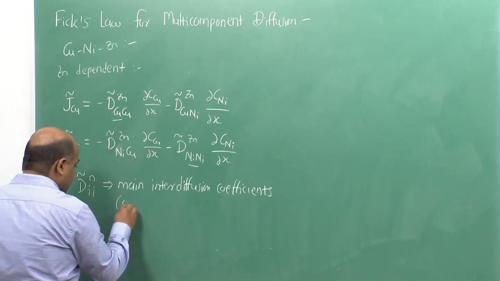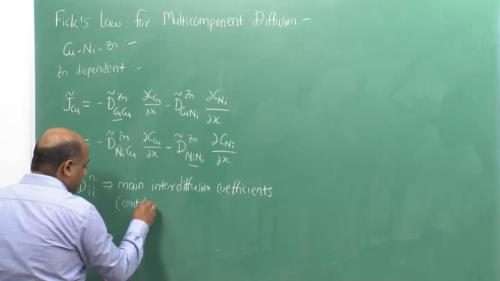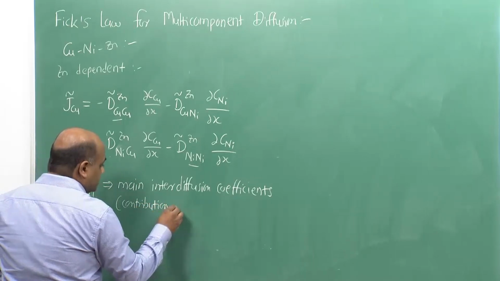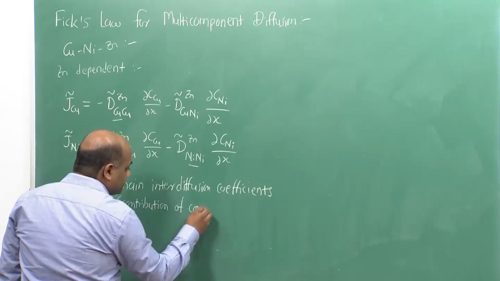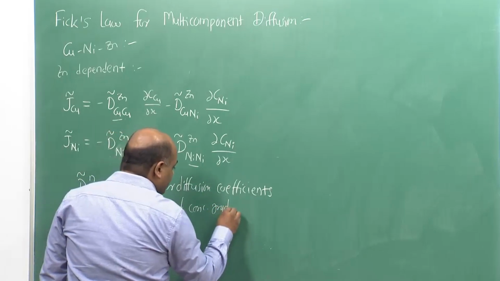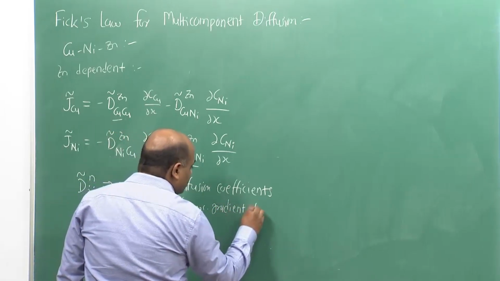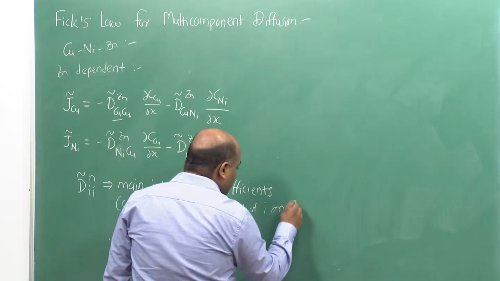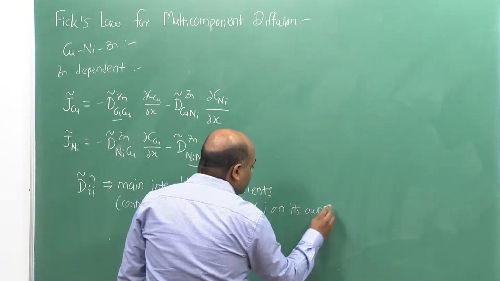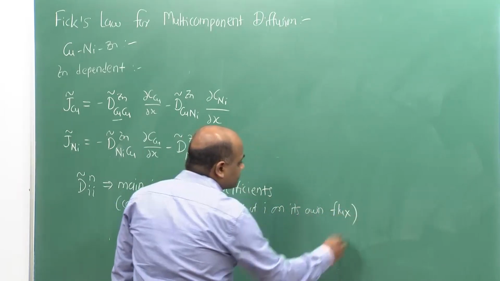So, it is basically the contribution of concentration gradient of i on its own interdiffusion flux.